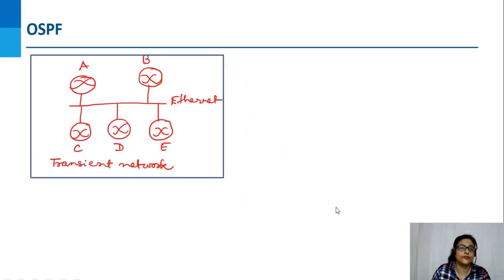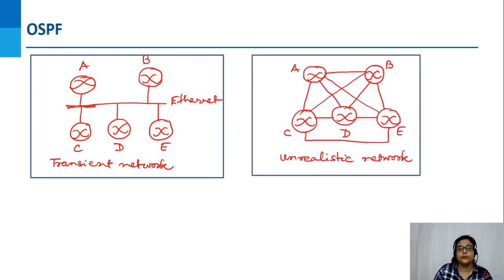This is an example of transient network where all the routers are connected to a common line. So all the routers, they can send information via this common line or the link. This is an example of Ethernet. This is a transient network, but this is unrealistic in nature and not efficient.